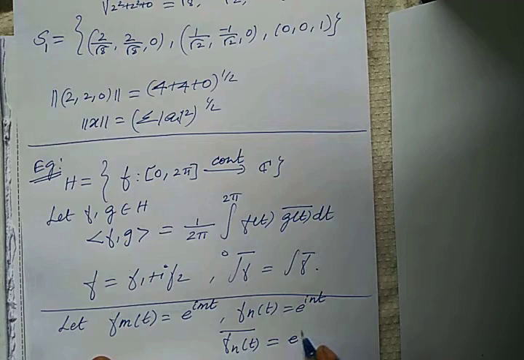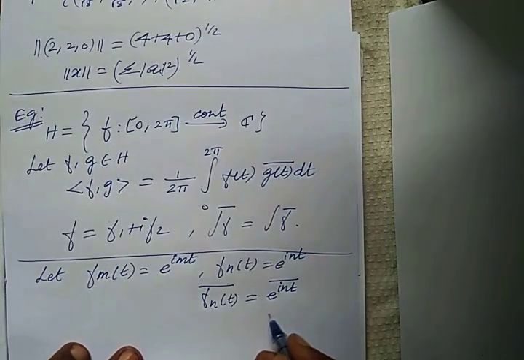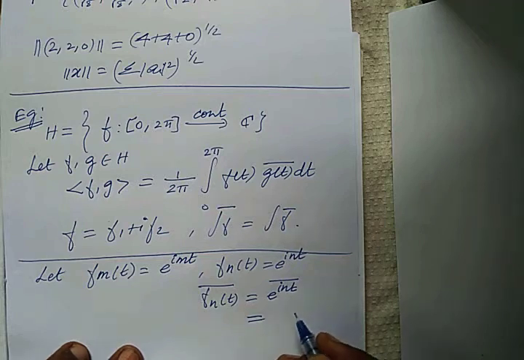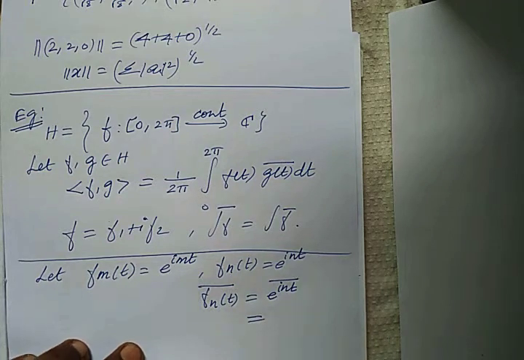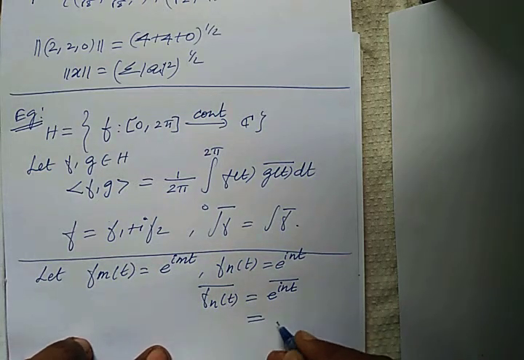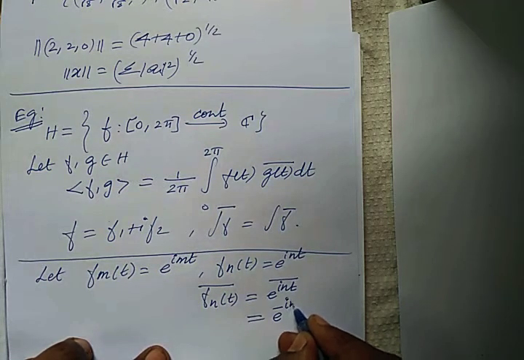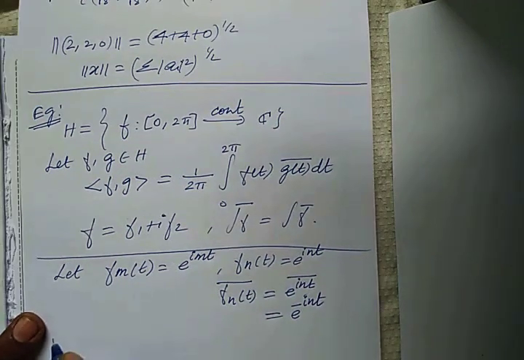This is equal to e power int the whole bar. e power i theta is equal to cos theta plus i sin theta, so the whole bar is cos theta minus i sin theta. So this is equal to e to the power minus int. How?